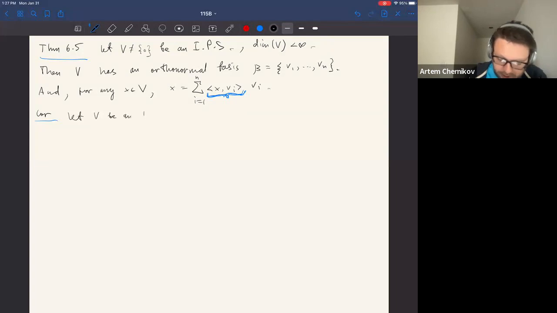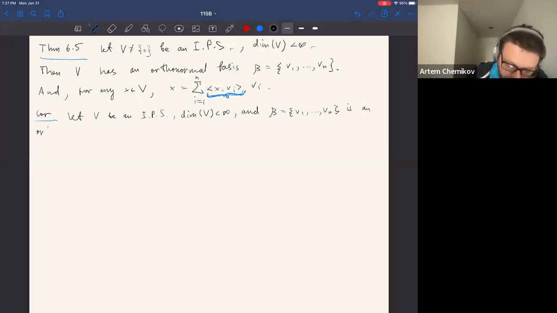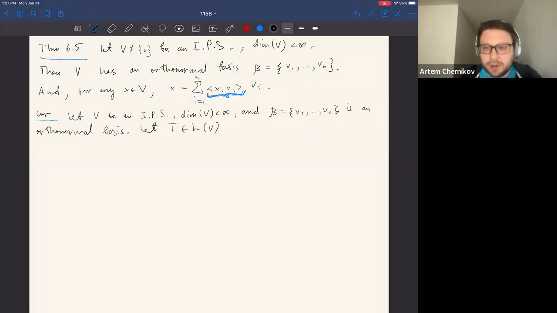So assume V is an inner product space of finite dimension, okay? And assume that beta given by V1 through Vn is an orthonormal basis, right? Now assume I'm also given a linear operator. So I have T, a linear operator on V, and we take the matrix representing T with respect to the basis beta.